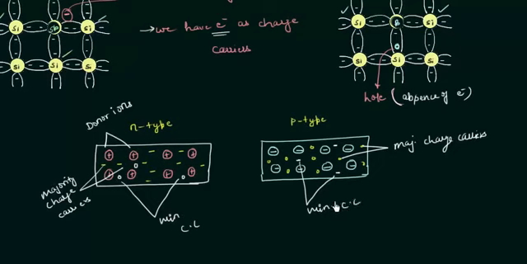Right. So this is all that you should know in this presentation. The boron atom will get electron from neighboring atoms, and hence it has negative charge. That's why we are having the ions with the negative charge. So this is all for this presentation. In the next presentation we will study about the electron versus hole flow, and also we will develop the mass action law, a very important presentation. So see you in the next one.